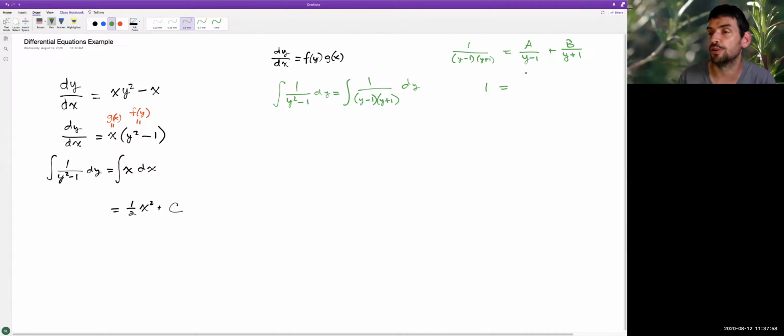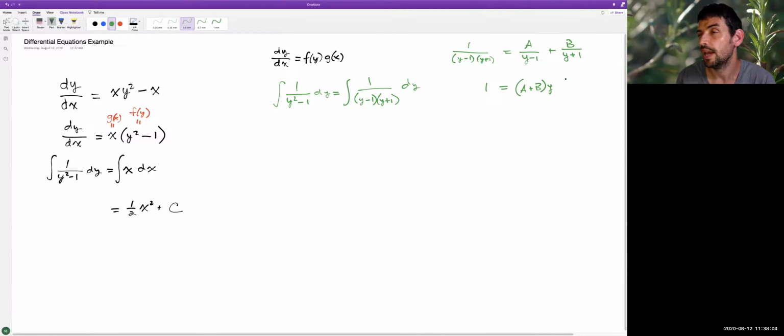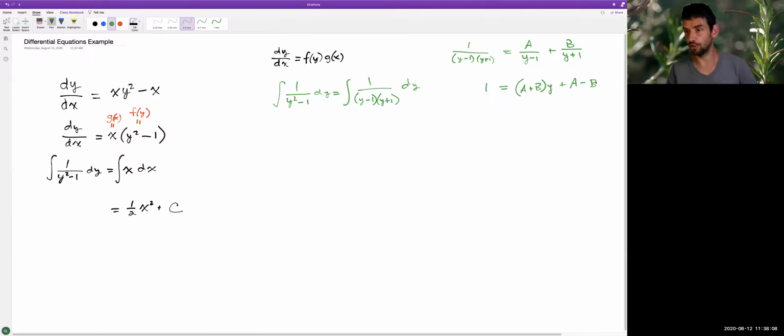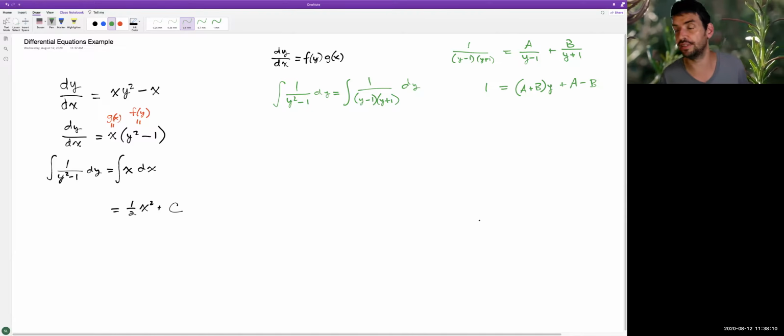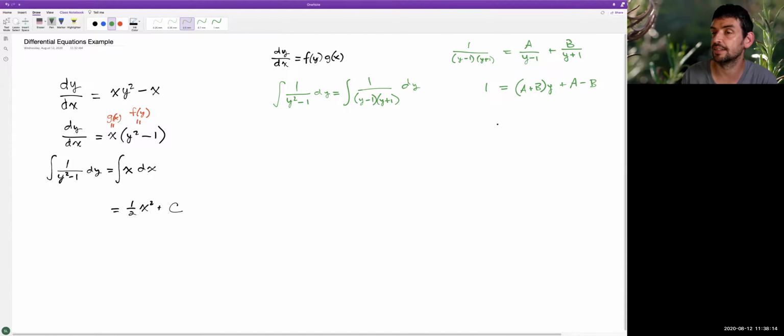If you do the algebra over here, you'll get a plus b times y, and we'll have a minus b, right? So go ahead and I'll let you work out the details of that. You're just multiplying through by the denominator on the left-hand side and collecting like terms.